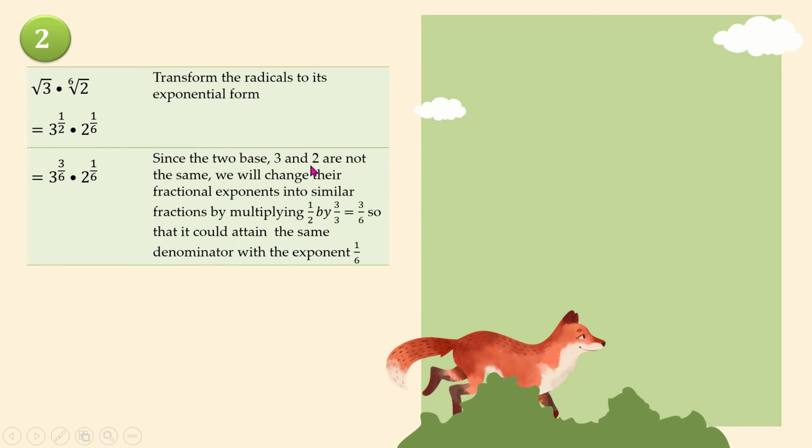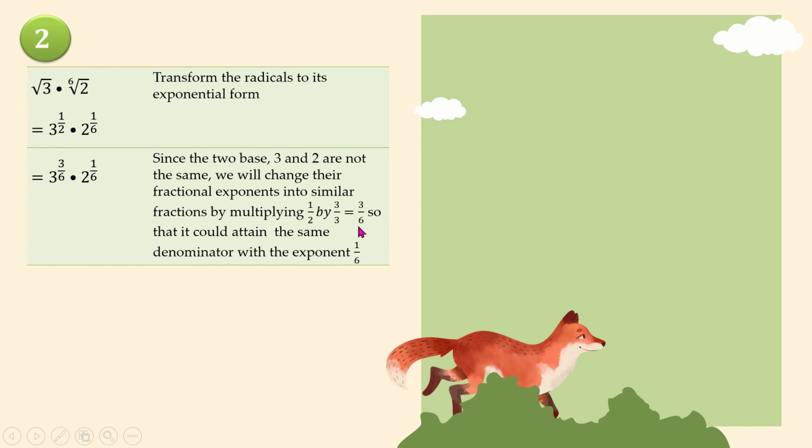Since the two bases, 3 and 2, are not the same, we will change their fractional exponents into similar fractions by multiplying 1/2. The first exponent, we multiply by 3 over 3 to become 3 over 6, so that the denominator 6 matches the denominator 6 of the second expression. The LCD of the two denominators 2 and 6 is 6. We cannot add here because the bases are not the same. So, you look for the LCD but only use it to rewrite, not to add or subtract. So, to make 1/2 have the denominator 6 like the second exponent, we multiply 1/2 by 3 over 3, making it 3 over 6.